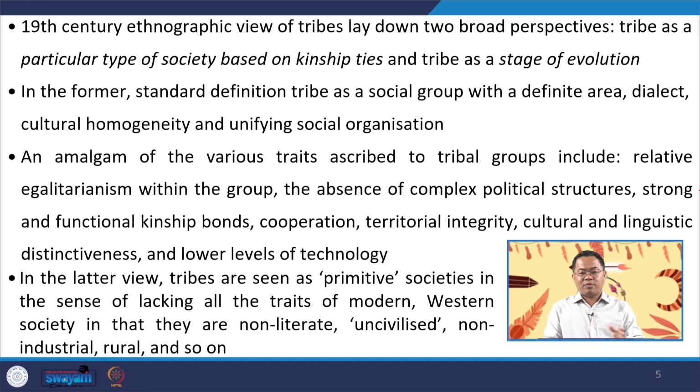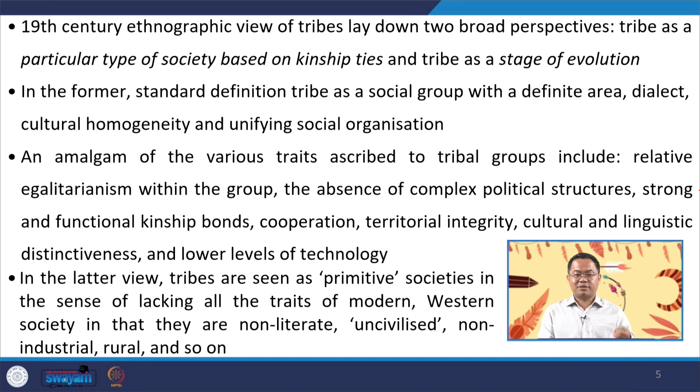Now, the other part, which is tribe as a stage of evolution, sees tribal communities as primitive societies, in the sense that they are lacking all the traits that characterize modern society or modern communities, particularly Western society.